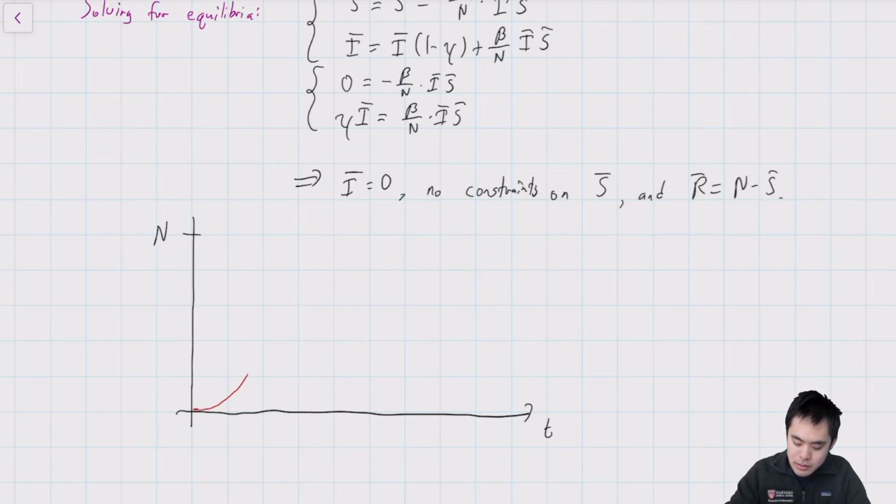But as the infection rate goes up, it tops out at some point, and then goes back down to 0. And then, as the infected go, you start recovering, so you have some recovery curve down here.